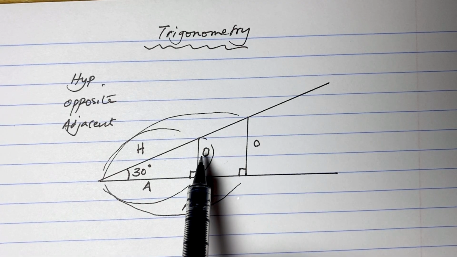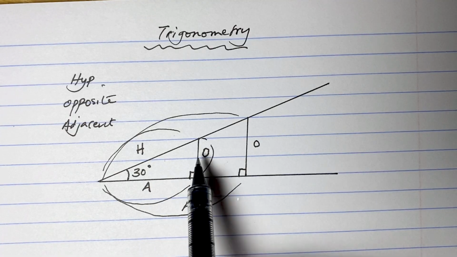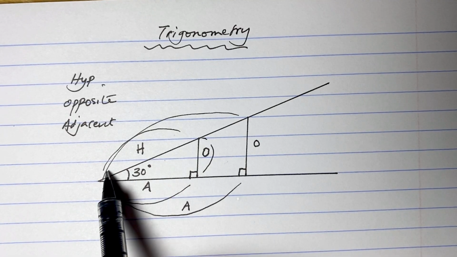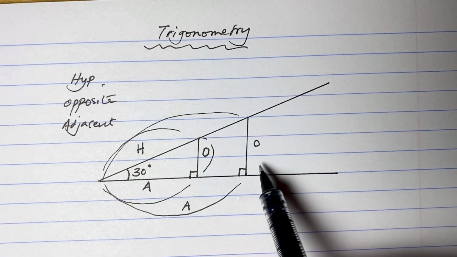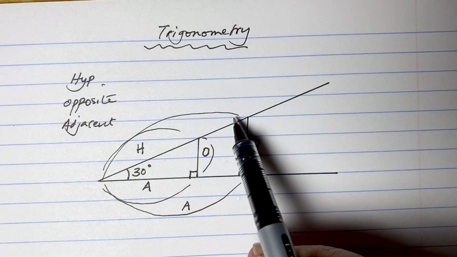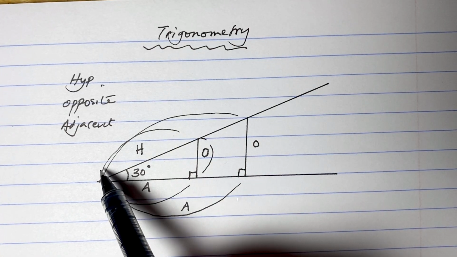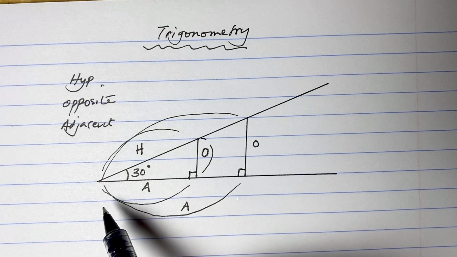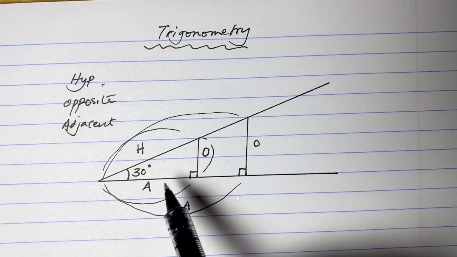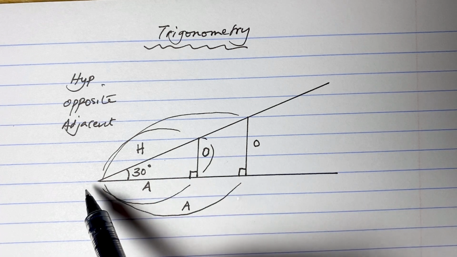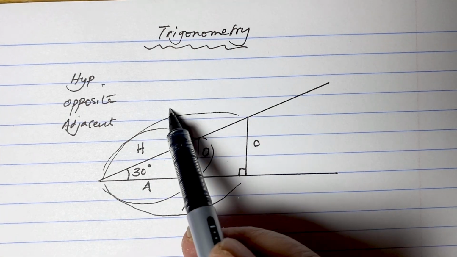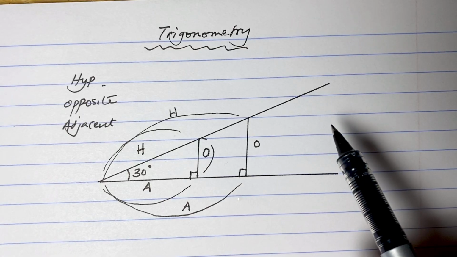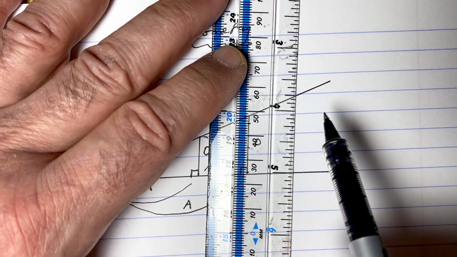So if you divide this O by this H, the length of opposite by the length of hypotenuse, you get the same answer as you would if you divide this opposite by its own hypotenuse. The same A divided by H in the small triangle would be the same as A over H in the big triangle. Let's do another one here.